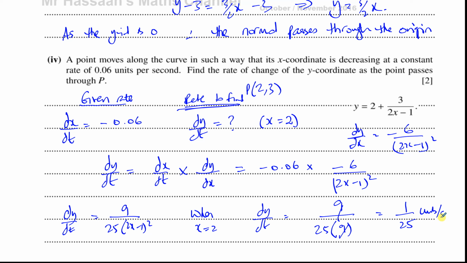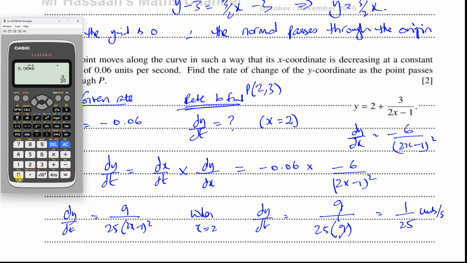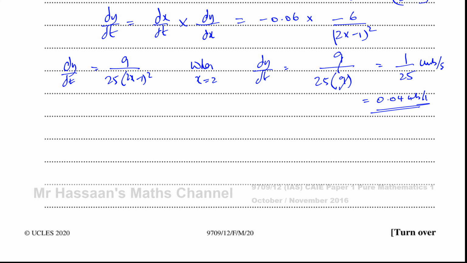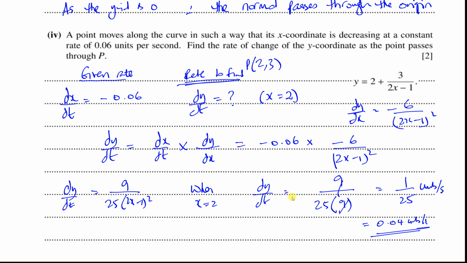Positive, 1 over 25. If you want to write it as a decimal, you can do that. 1 divided by 25 gives you 0.04 units per second. So there's the answer to part 4 of this question.